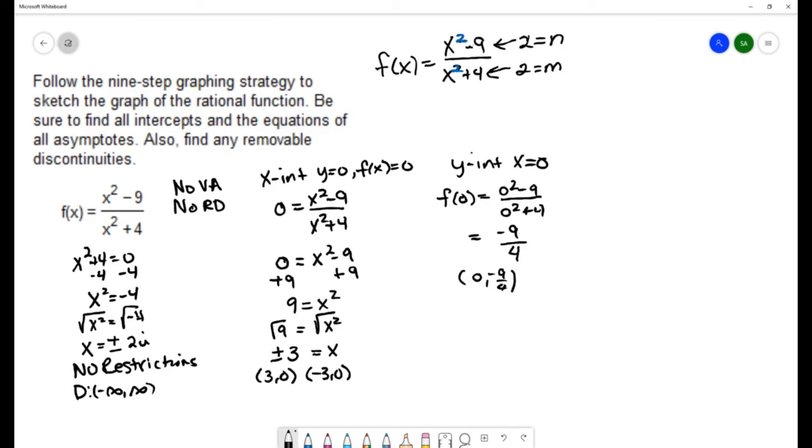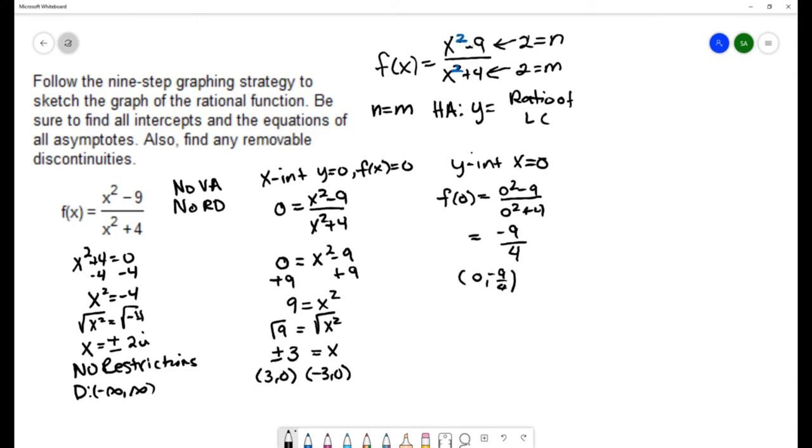Then we want to compare those values to decide what our horizontal asymptote is. Anytime the degree of the numerator is equal to the degree of the denominator, we know that the horizontal asymptote will be the equation y equals the ratio of the leading coefficients.